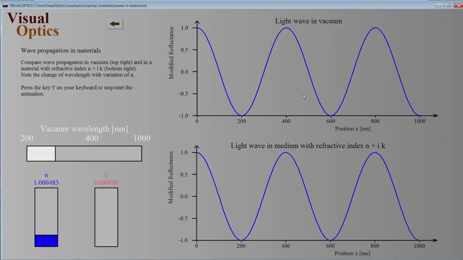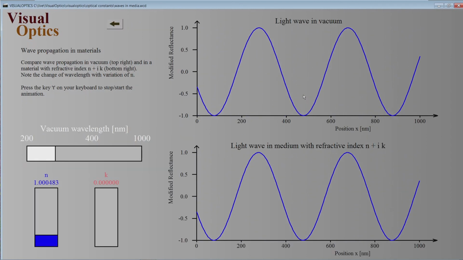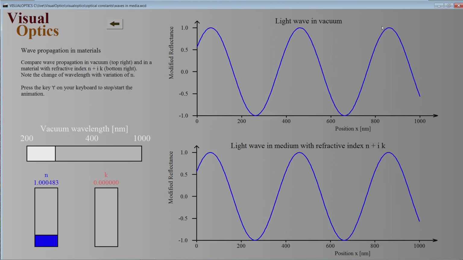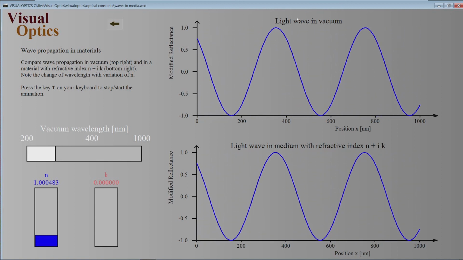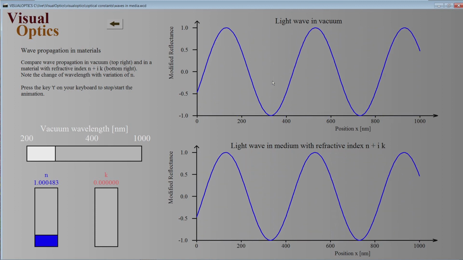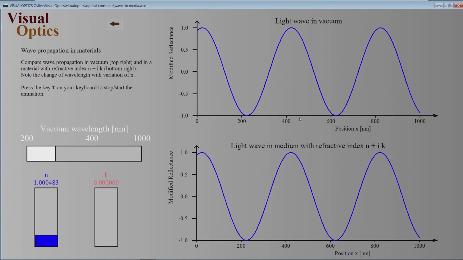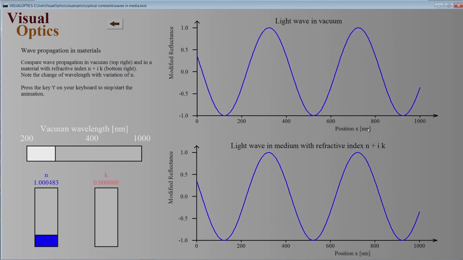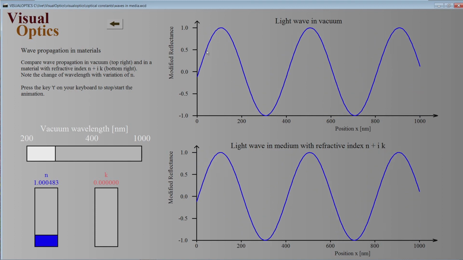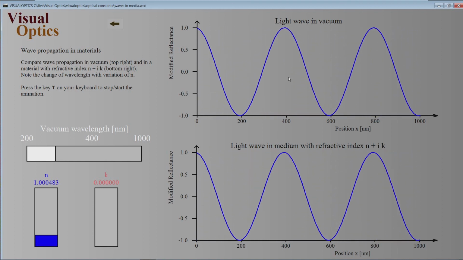and I have prepared a little animation where I show you in the top right corner here a light wave in vacuum. Well, it's a slow motion visualization of the light wave. Here you have the position in nanometers, and this is the wave amplitude here.